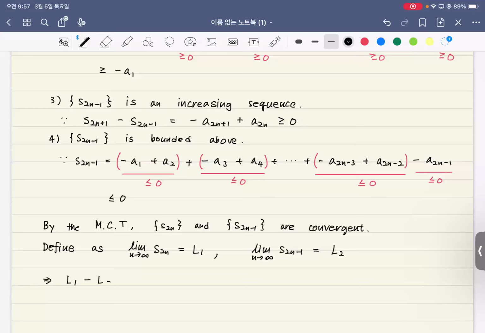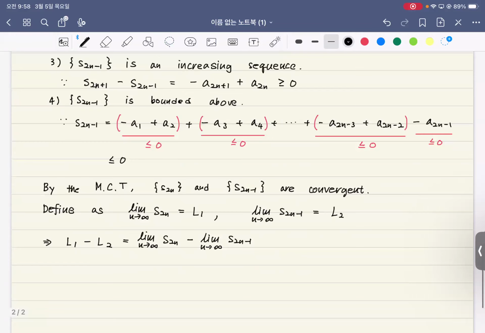So L1 minus L2, I want to subtract these two numbers, which is this minus that. But since these are two convergent sequences, it is okay to say that this is the limit of S2n minus S2n minus 1. But what is this? S2n minus S2n minus 1 can be written as A2n, right?